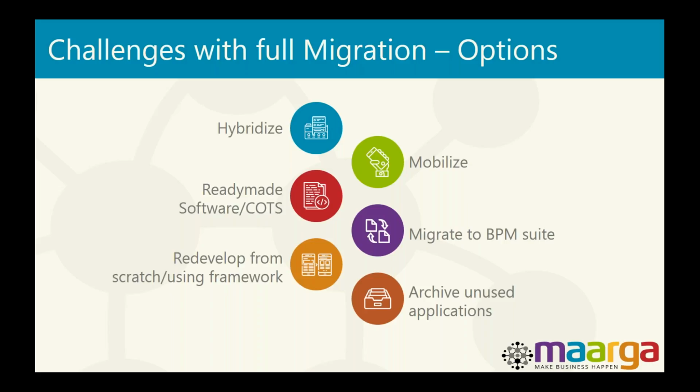The next option is we can mobilize it. We can take a part of the application and mobile enable that. When I say a part of the mobilization, if the legacy application is fully known, full functionality known, full architecture known, we can easily do that.